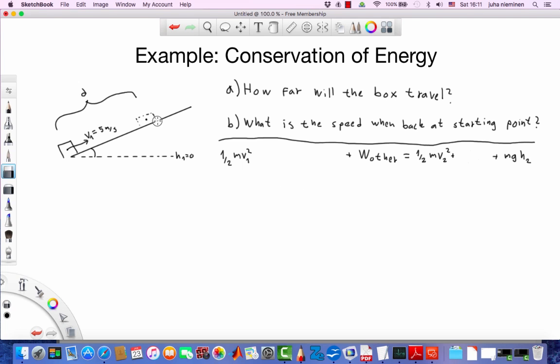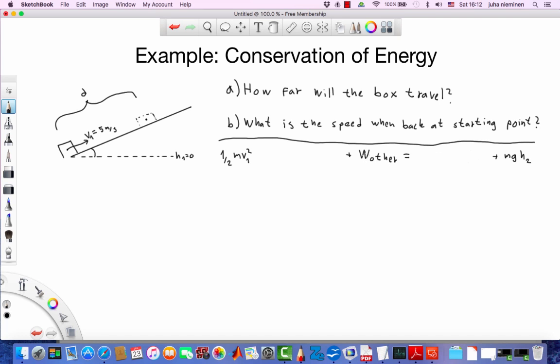That's all we need for the second part. For the first part, of course, the velocity at the top in part A is 0 because it stops there. So we only have this much left for part A.